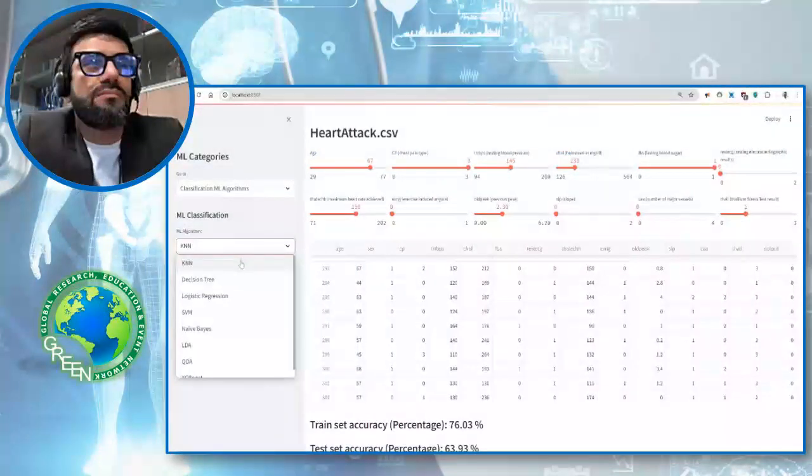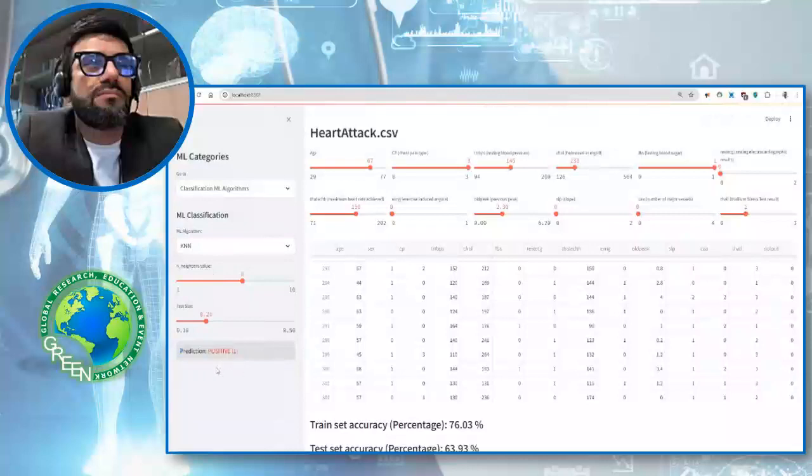For example, by default the KNN is selected. And some default attributes have been chosen, the test size, the neighbor's value, and the final and most amazing part of this interface is the prediction.